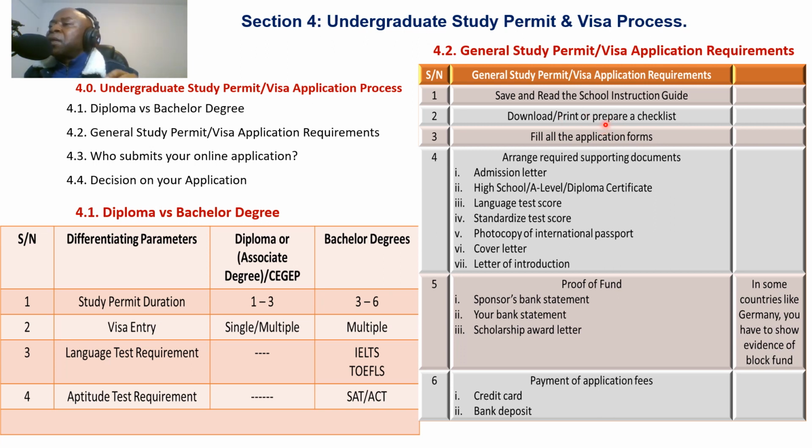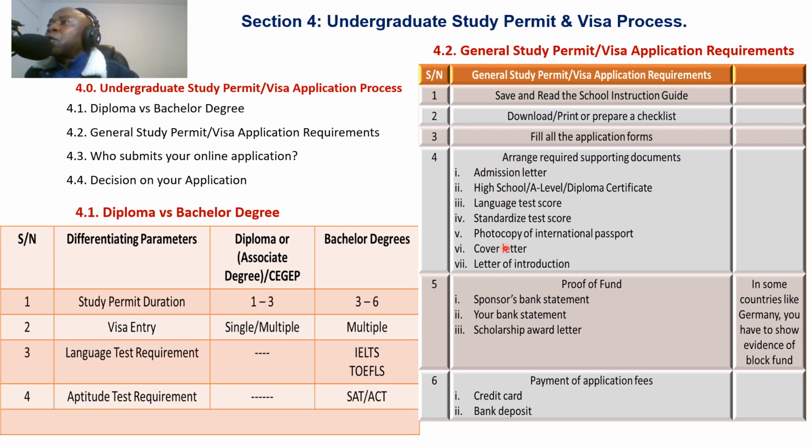Write out document number 1, number 2, number 3. Remember, you've already prepared the academic CV. You still use the academic CV to fill the application forms. Then after filling the application forms, you have to upload them.